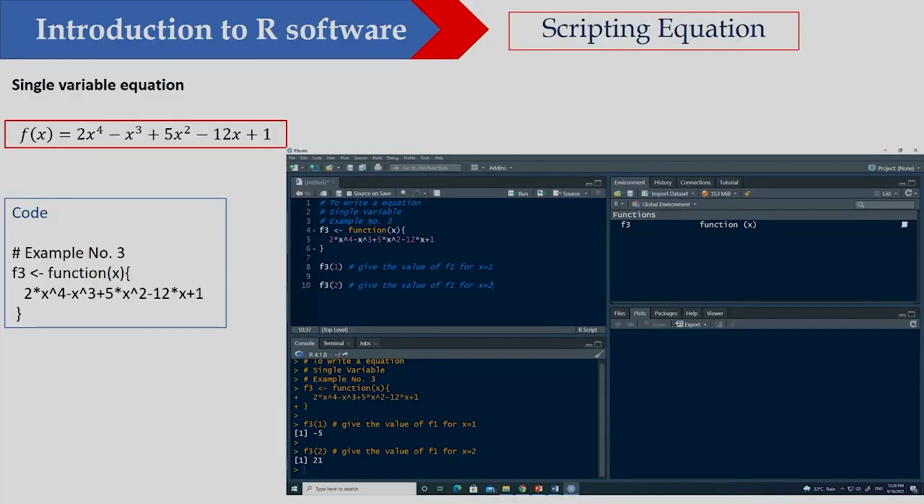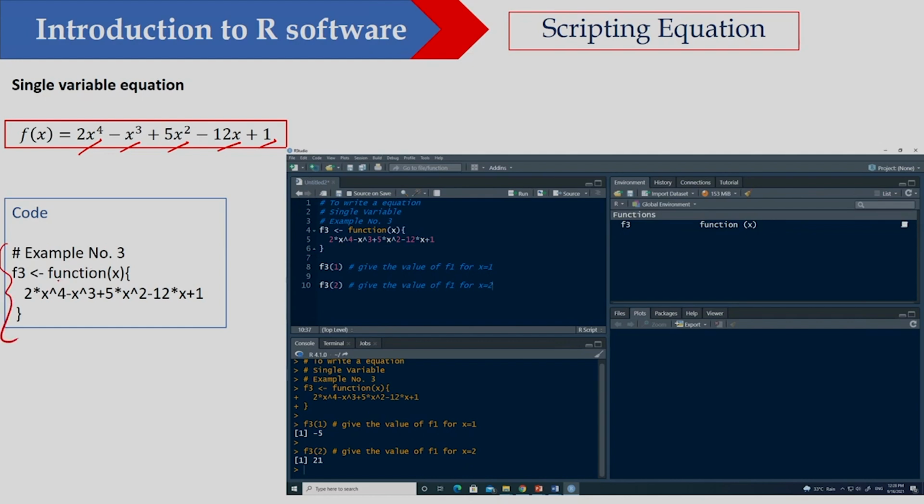Now, let us see another function. This function is twice x to the power 4 minus x cube plus 5x square minus 12x plus 1. I would like to write this function. This is the code I have shown here.